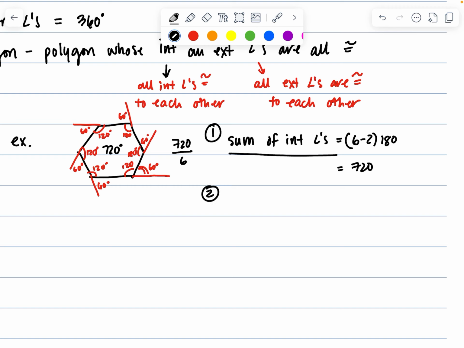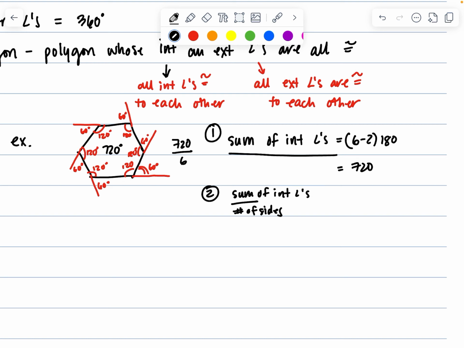So it's kind of like step 1. And then step 2 would be to do exactly what I did here. Take the sum of interior angles, divide by the number of sides or angles. Okay, so I'm going to actually change this from 720 to the sum of interior angles.